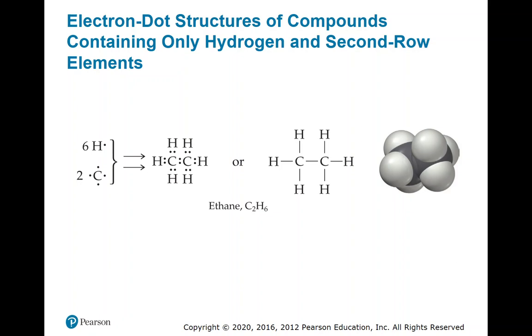So if you go back to that chart where, for instance, it shows that carbon has 4 valence electrons and is expected to form 4 bonds, nitrogen has 5 valence electrons and is expected to form 3 bonds, and so on. The vast majority of compounds that contain carbon, hydrogen, and then other second row elements are basically going to be dictated by that.